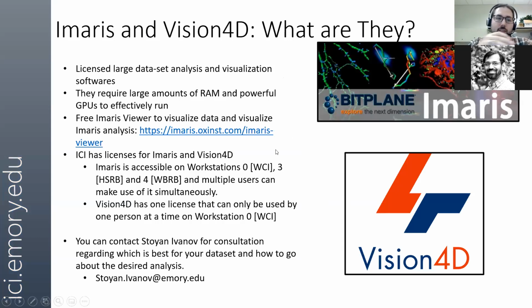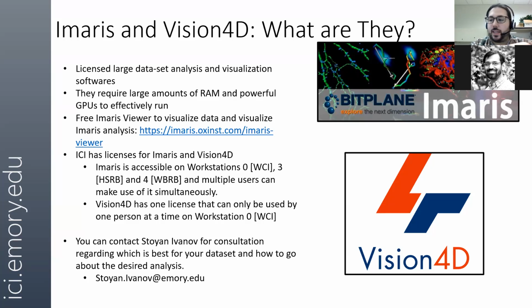So what are these? Well, they are visualization and analysis software suites for large data sets. That means you can get a very nice, very detailed Z-stack of something, import it into one of these pieces of software and start analyzing it. That could mean denoising in part. That could mean identification of certain physical structures in the data that you're interested in.